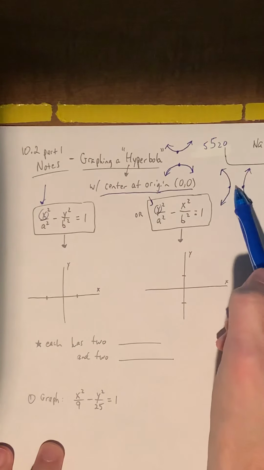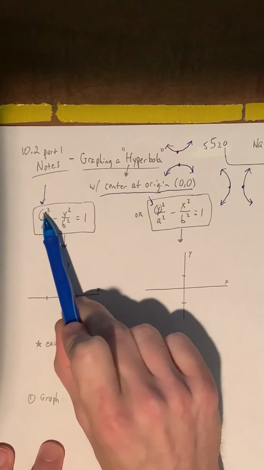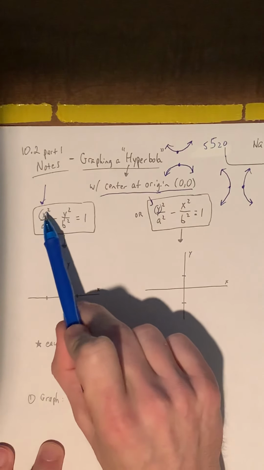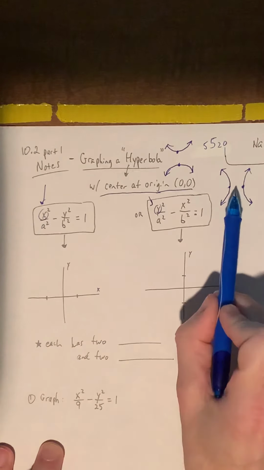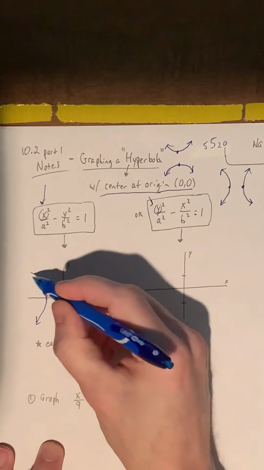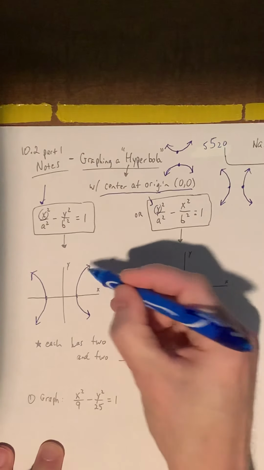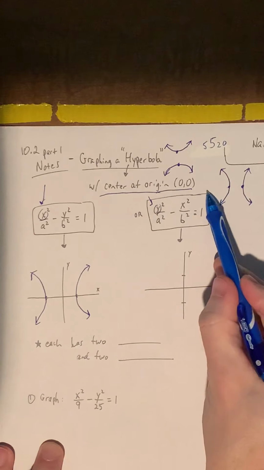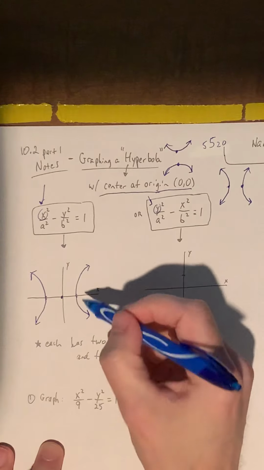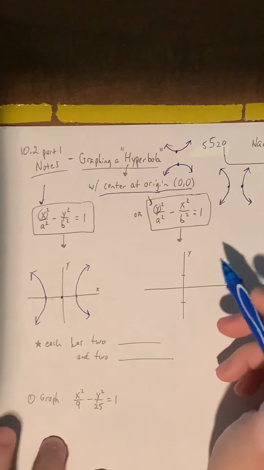Well, if your fraction with the x squared comes first, just remember it's going to cross the x-axis. It's going to look like these. The curves are going to resemble these, curves opening to the left and the right, because those two curves, remember the center's at the origin, would cross the x-axis and x comes first in the equation.